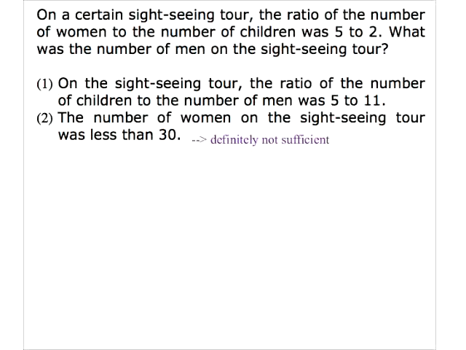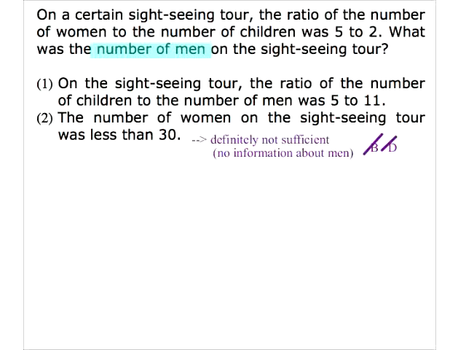The question asks about the number of men, and there's no information about men in the prompt, and also none in statement 2. So this means that B and D are gone. I don't think that anybody picked B or D, so good.